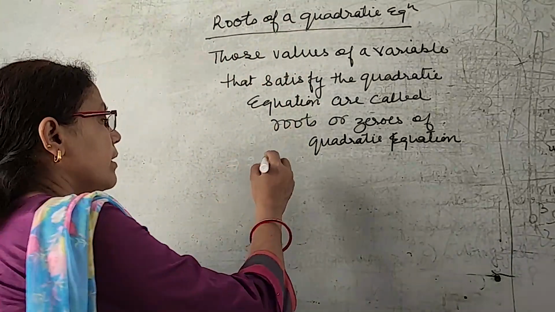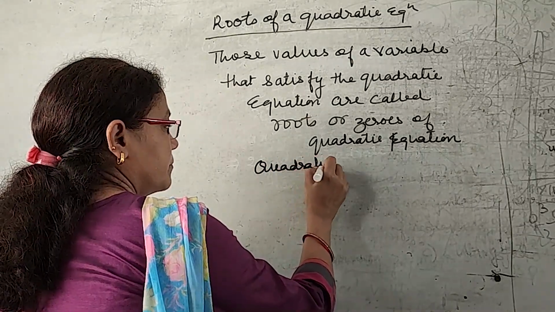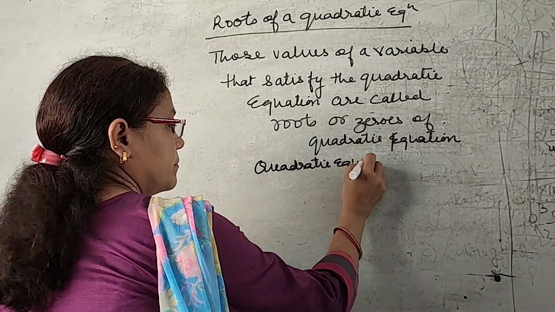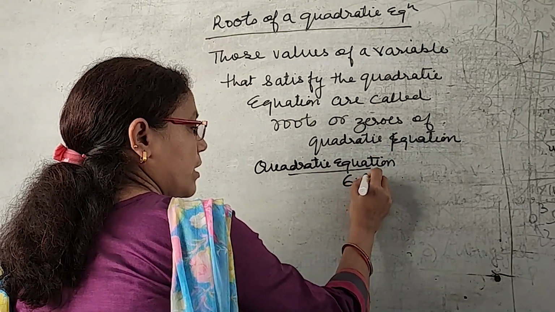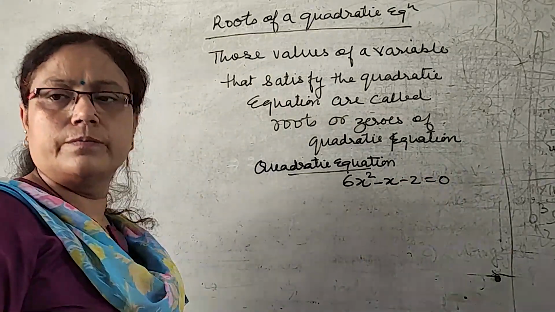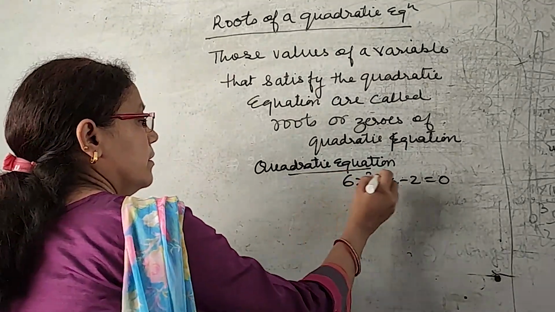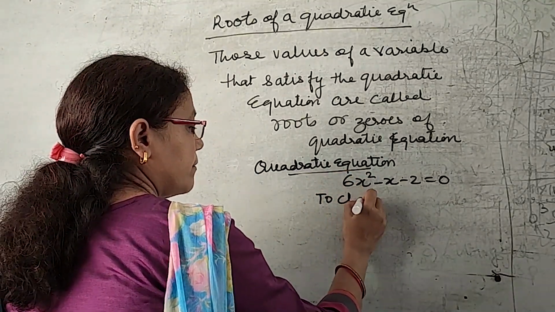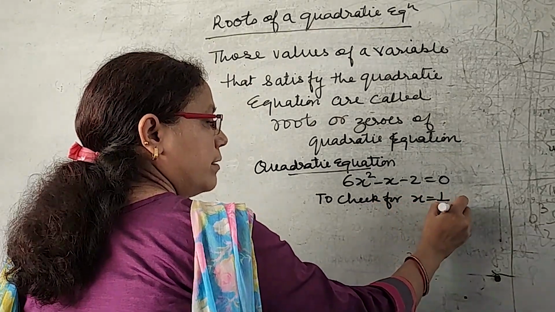So children, we are given the quadratic equation 6x square minus x minus 2 equal to 0. And we have to check for x equal to 1 by 2.